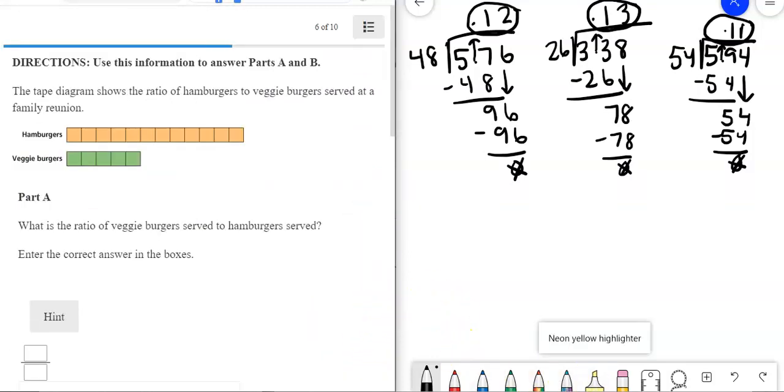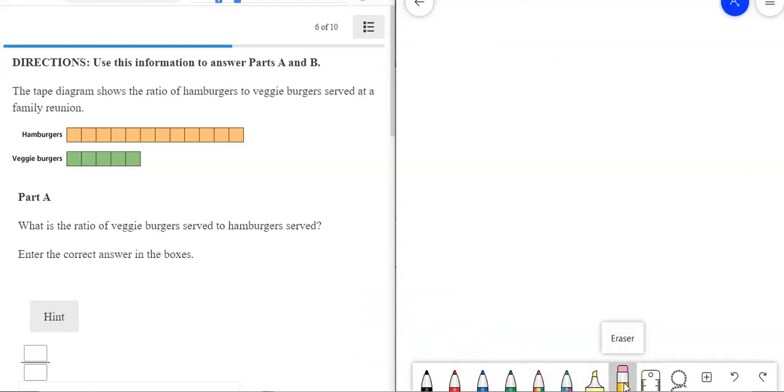Next. Okay, our next problem in your book is number 9. The tape diagram shows the ratio of hamburgers to veggie burgers served at a family reunion. So there are 1, 2, 3, 4, 5, 6, 7, 8, 9, 10, 11, 12 hamburgers, and 1, 2, 3, 4, 5 veggie burgers.